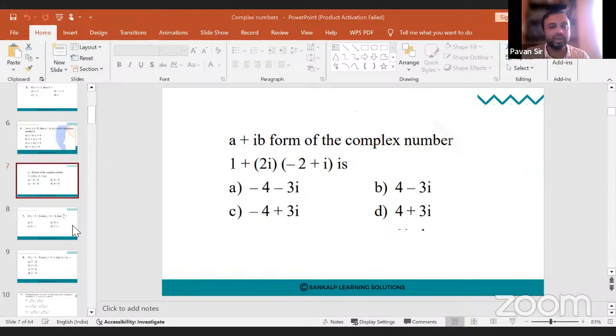Next question, students. A plus ib form of a complex number, then (1 plus 2i) into (minus 2 plus i) is what?